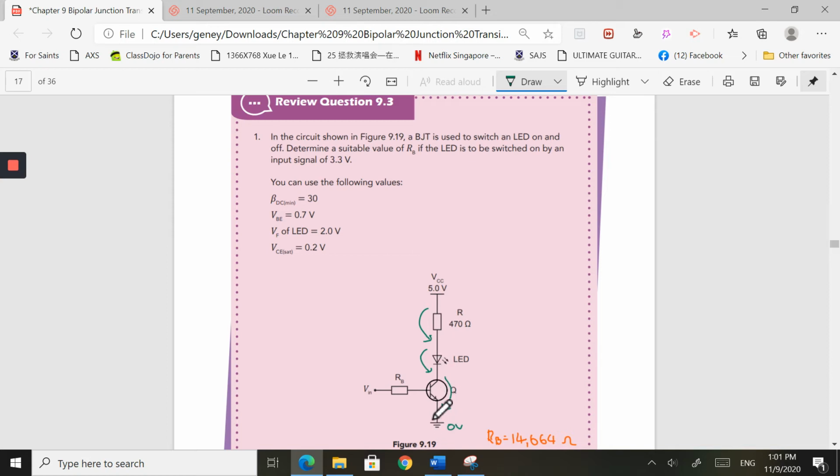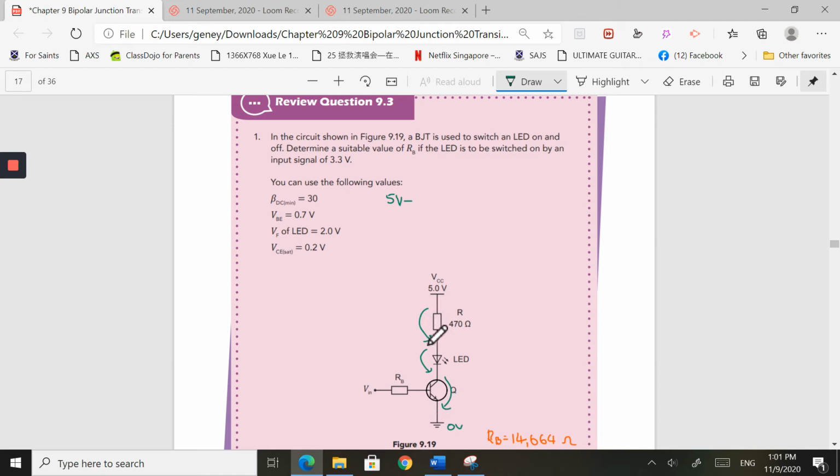Now, don't think about this branch yet. I'm just going to analyze this branch, and I'm going to tell you why. Okay, so let's start off with 5 volts. If I take 5 volts and minus away the voltage drop, I'm going to use Ohm's law, V equals IR, to find the V drop.